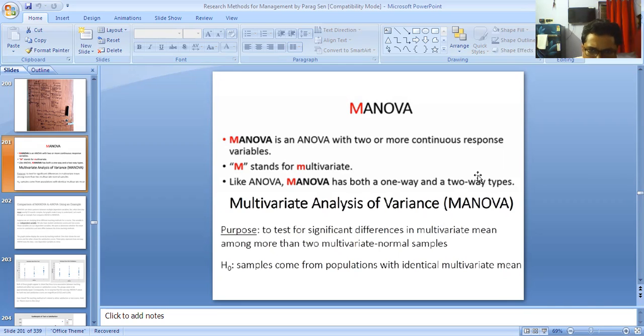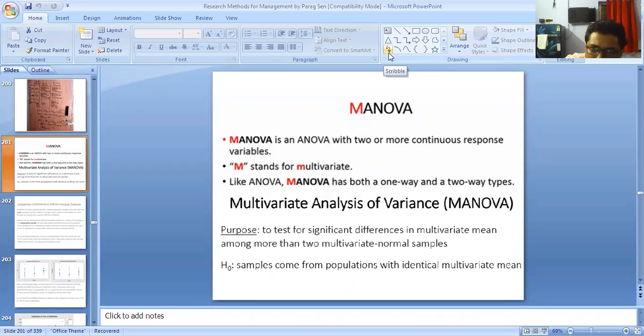In four-way MANOVA, you will have one independent variable and four dependent variables.